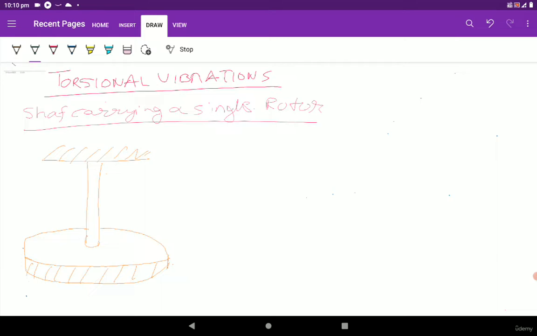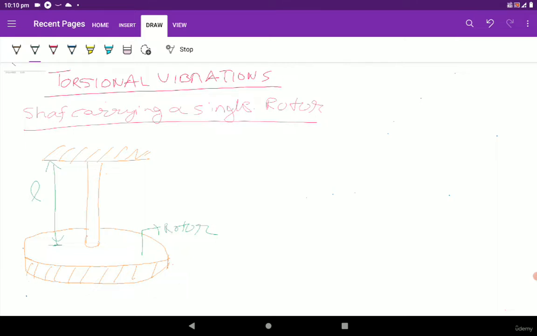This is the rotor, and from the base of the rotor to this attachment the distance is L, and we are going to rotate this rotor with some angle theta.